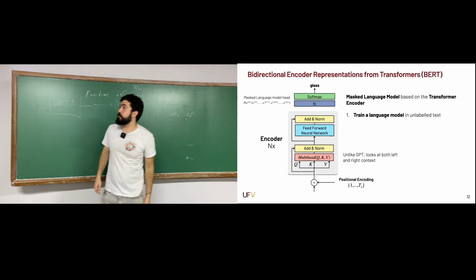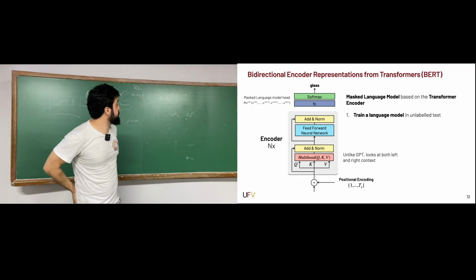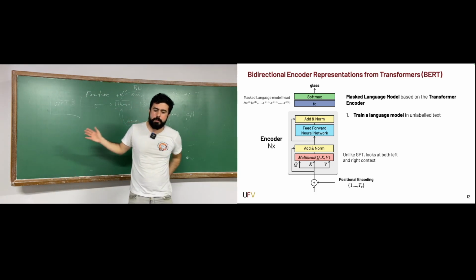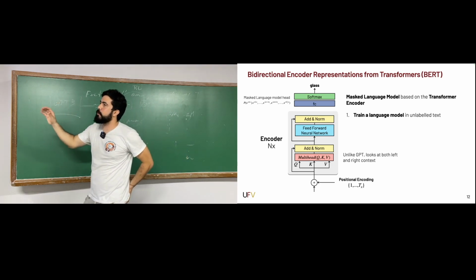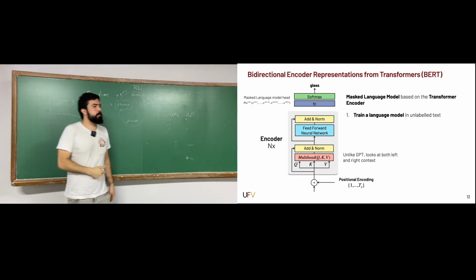Okay, so let's switch to BERT. BERT is very similar to GPT. But as I mentioned, BERT is an encoder-based model. It's a language model, but it's a masked language model.